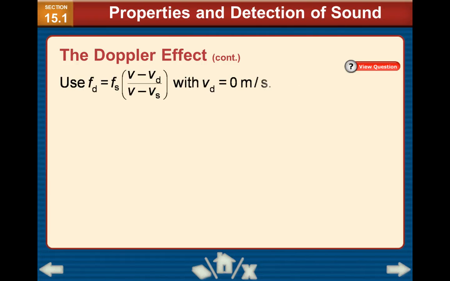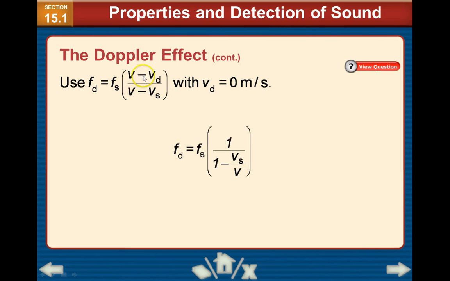So how do we solve it? We're going to use this equation right here. The frequency at the detector is equal to the original frequency at the source, times the velocity minus the speed of the detector, which is 0, divided by the velocity of the material minus the velocity of the source.